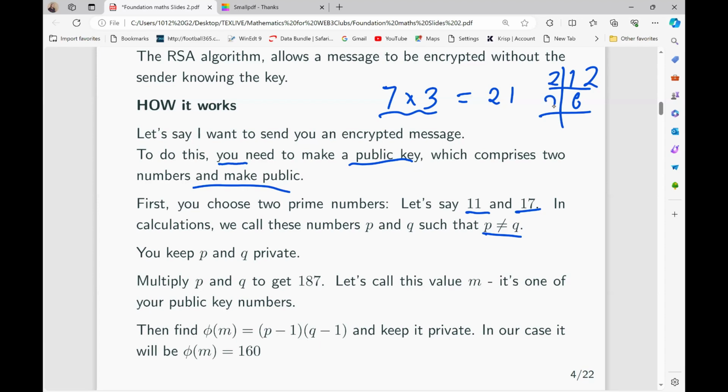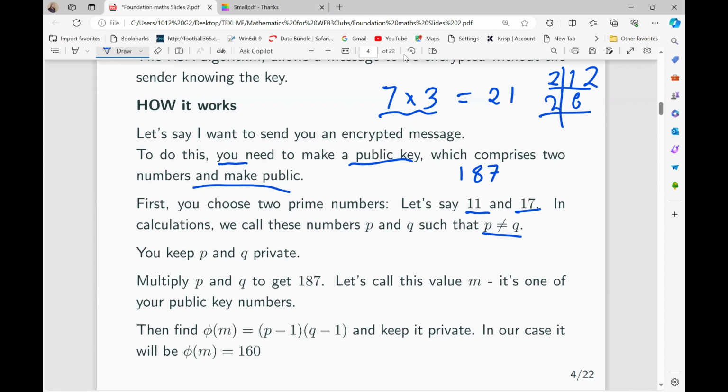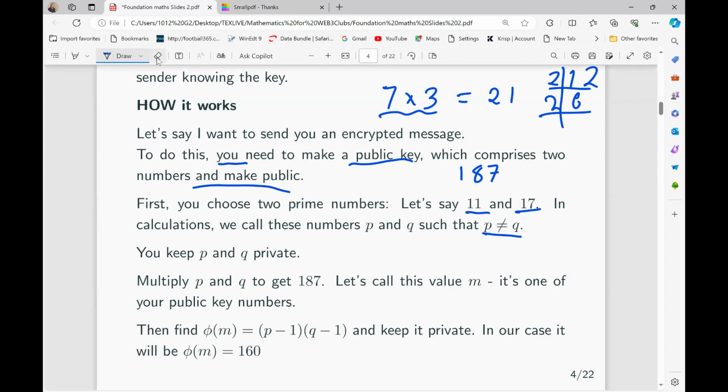But supposing I have 17 and 11, and I multiply and I get a number like, let me say 187. It's not easy to know which numbers can be factored out of this. So that is why we say we're using bigger prime numbers to secure our message.